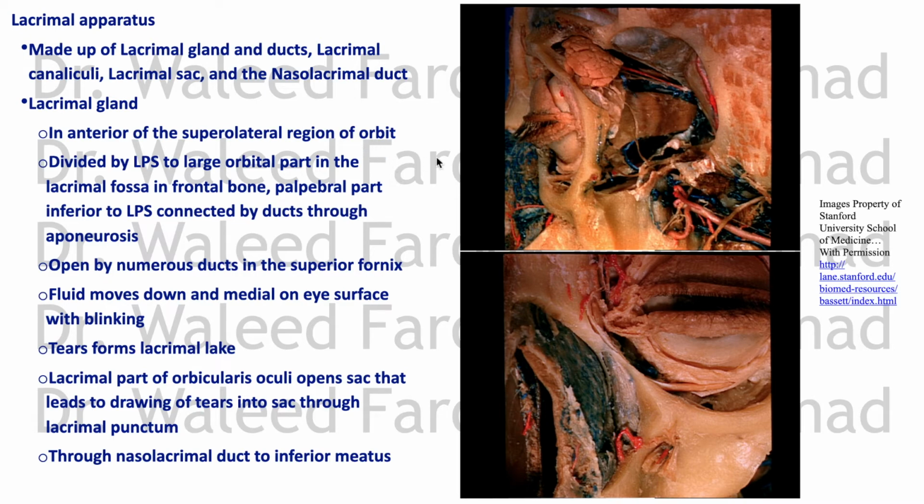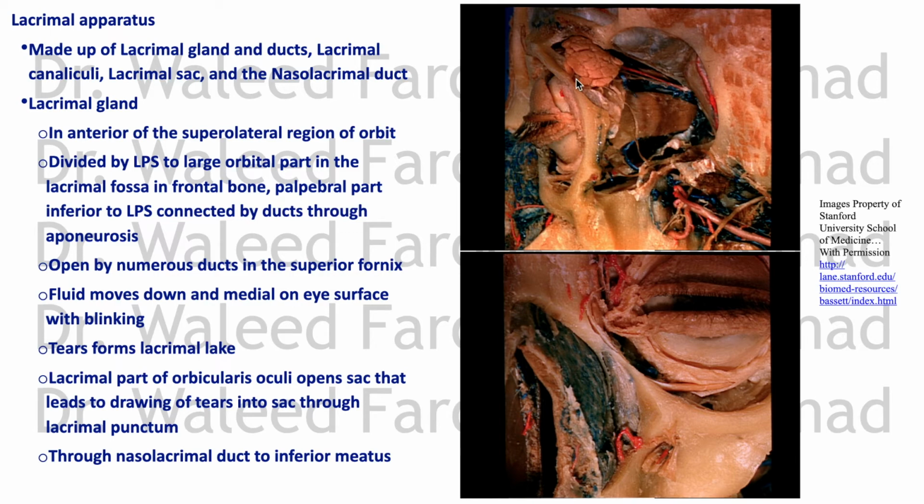Okay? The lacrimal gland is in the superolateral region of the orbit and makes an impression on the bone called the lacrimal fossa. But remember, the lacrimal gland behaves like the submandibular gland in a way that it encloses the lateral edge of the levator palpebrae superioris, turns around it.